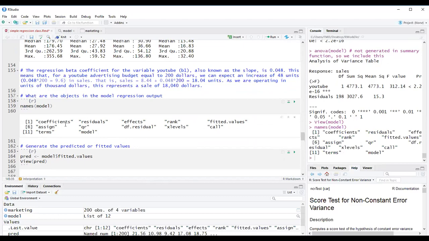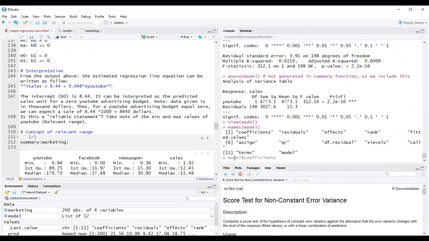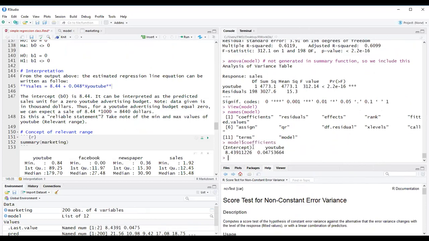So ano yung coefficients, guys? Sulat ko lang dito, model dollar coefficients. Take a look at what I wrote here. So if I ask R to generate this, yung model, bigay mo nga sa akin yung coefficients. Enter. What do you have? Okay, so you see this, guys? Sulat natin dito, ha?